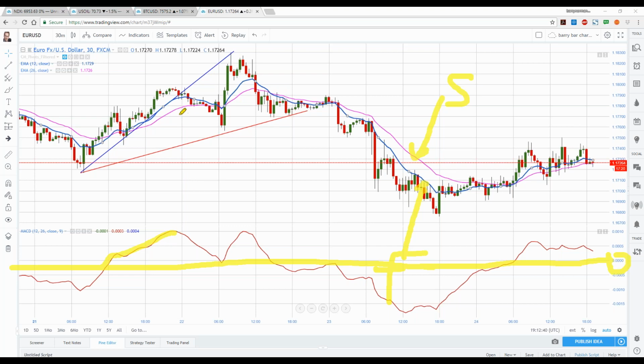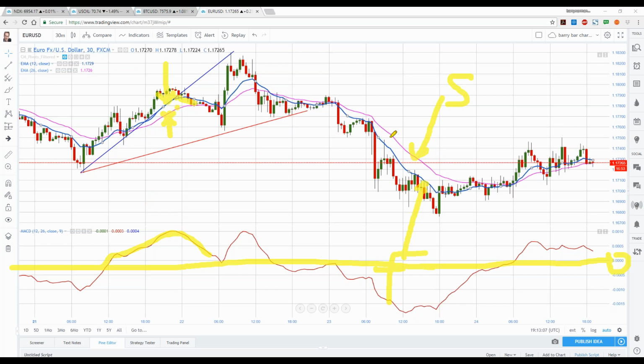So we know at that point that the faster moving average is larger than the slower moving average. Just like we see here, the blue line is larger than the violet line. So when we take the blue line and subtract the violet line, we get a larger positive number.